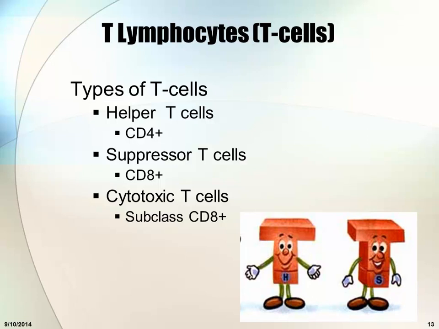These CD4s come in and start the immune response. Then the CD8s are what are called the suppressor T cells, and they slow down or stop the immune response.